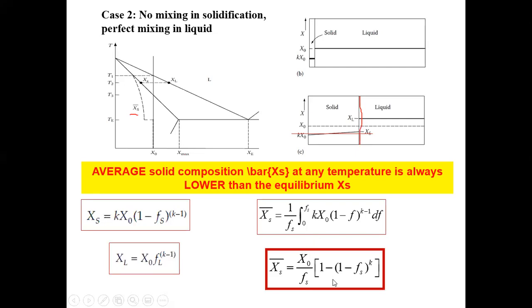Now, once we get this average, we can check whether it is consistent with what we know. At the beginning of the solidification, the average should equal kx naught. So in the limit that fs goes to 0, you should recover kx naught.